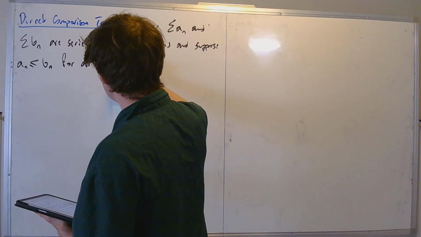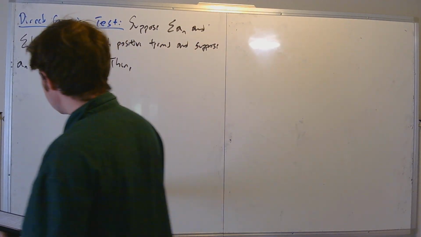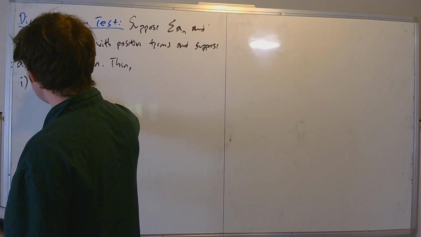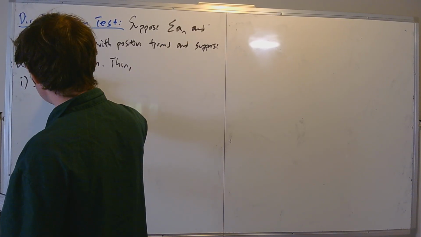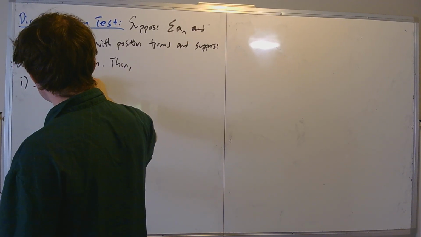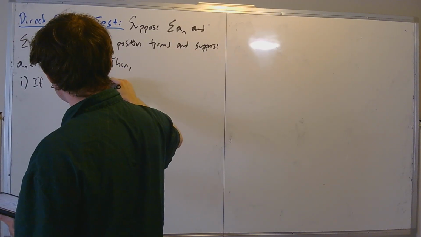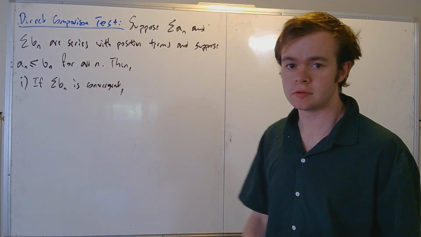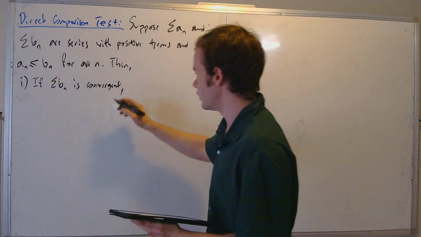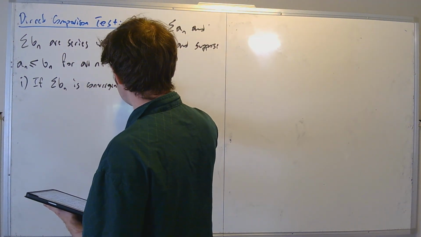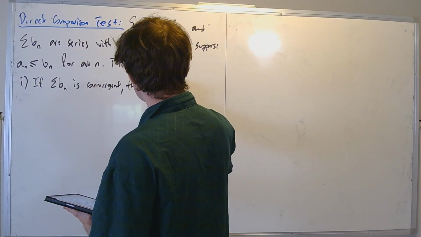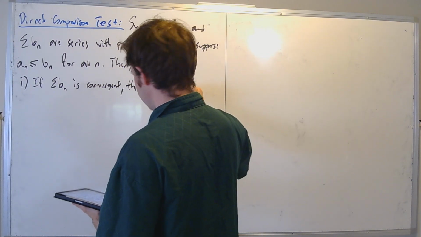Then what we can say is part 1, if the sum of bn is convergent, right? So if the sum of the bigger series is convergent, then the smaller series better also be convergent. Then the sum of an is also convergent.